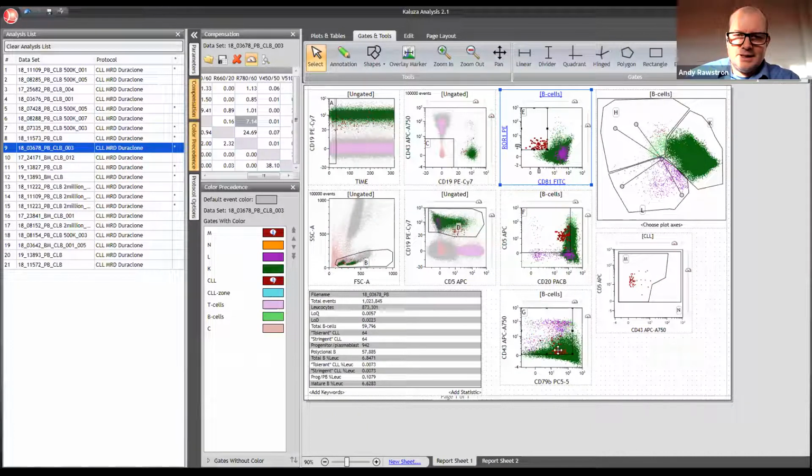And you can see there they look less like CLL cells when you zoom in. They've still got some CD5, but when we look at it on here, it's got that edge of non-specific binding to it.